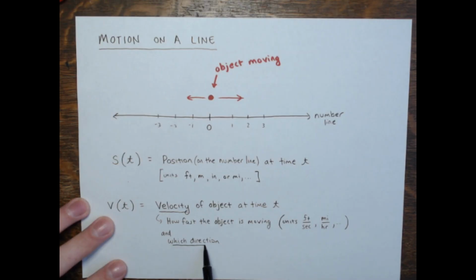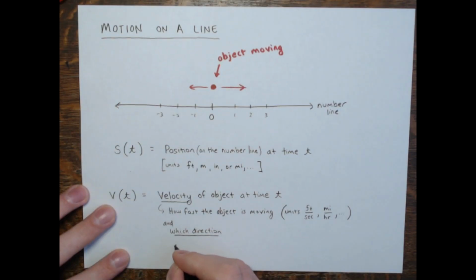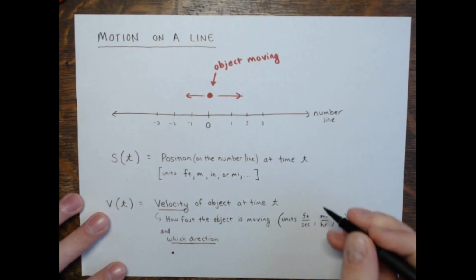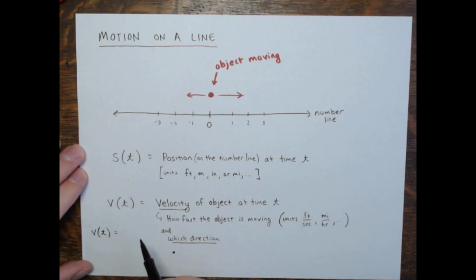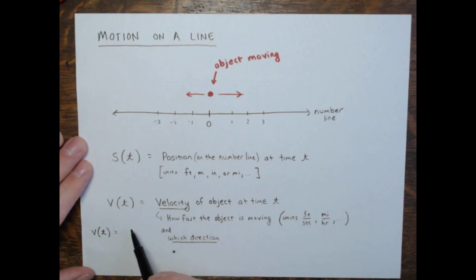All right, so talking about direction here. Remember velocity, I mentioned it already. The way it's calculated at any particular moment, it's a change in position. So I've got delta S, how much did the position change?